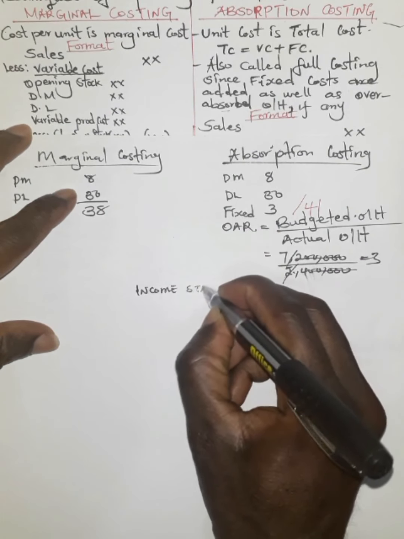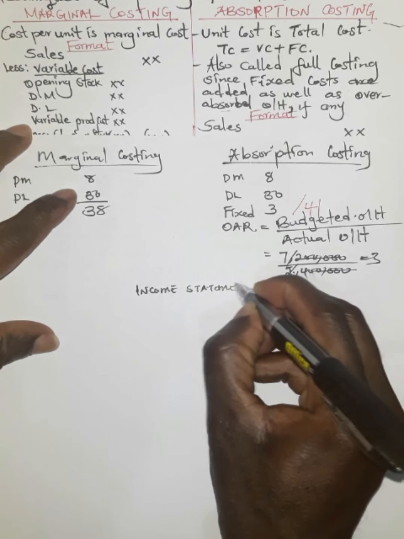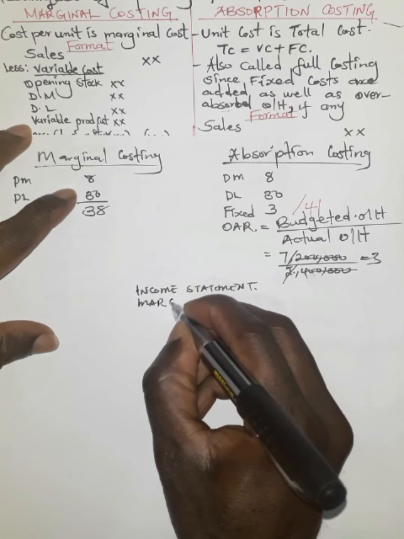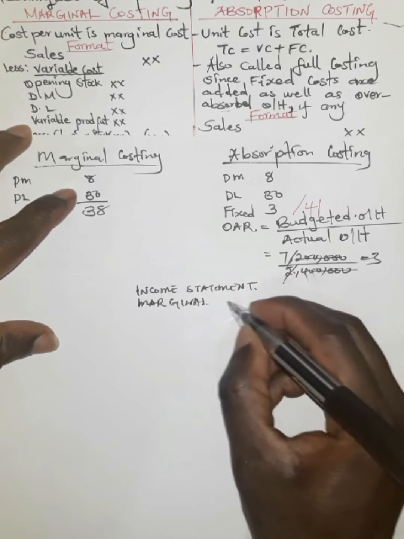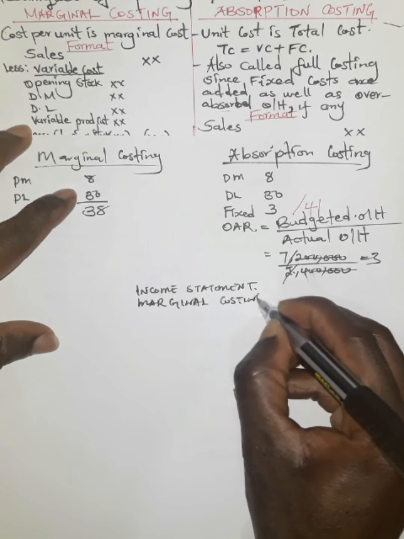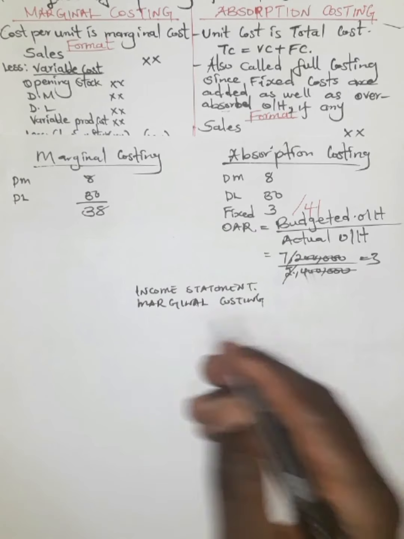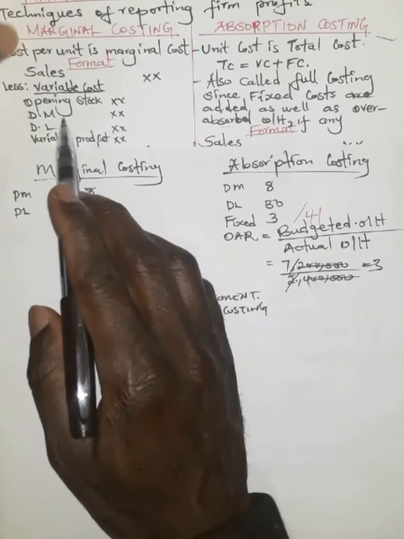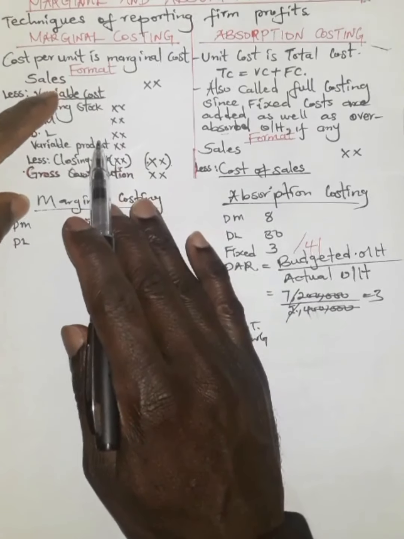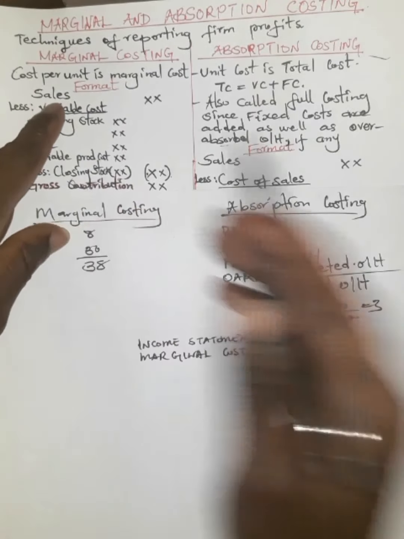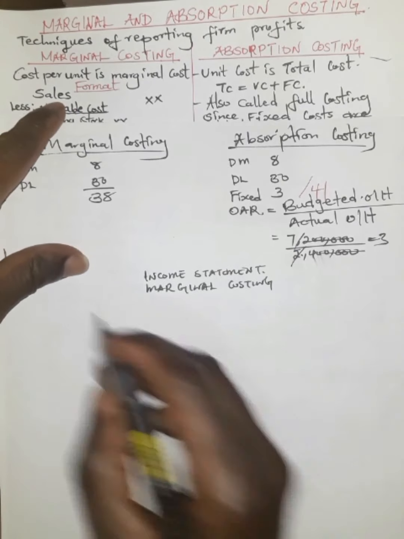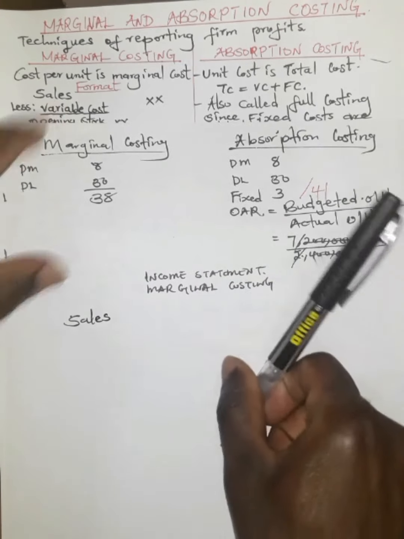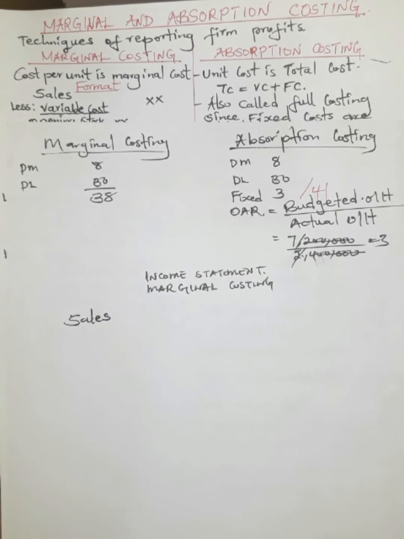Now, I want us to go to the preparation of the income statement under marginal costing. In which we are going to follow some steps, like the format that I've just given you. We normally have the sales.